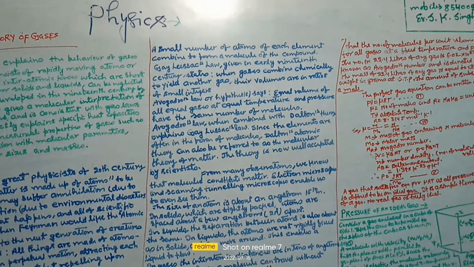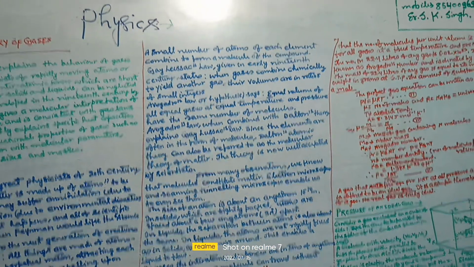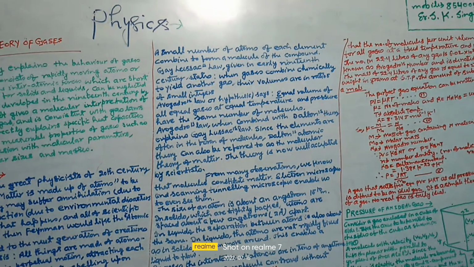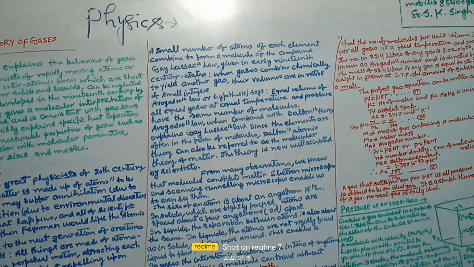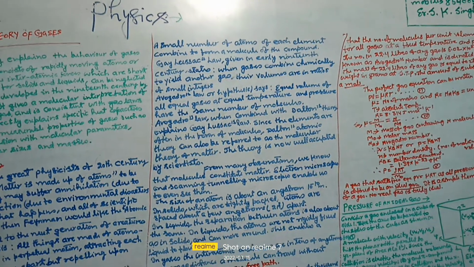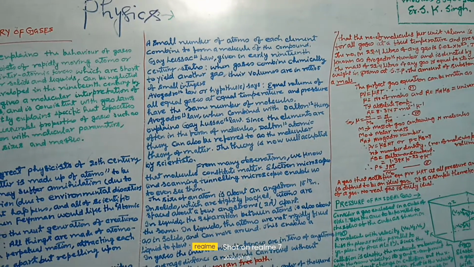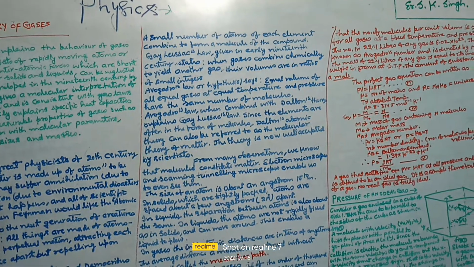Avogadro's law or hypothesis says equal volumes of all gases at equal temperature and pressure have the same number of molecules. Avogadro's law, when combined with Dalton's theory, explains Gay-Lussac's law.